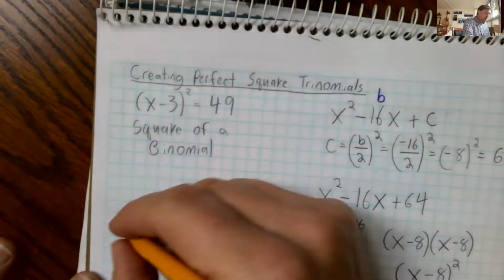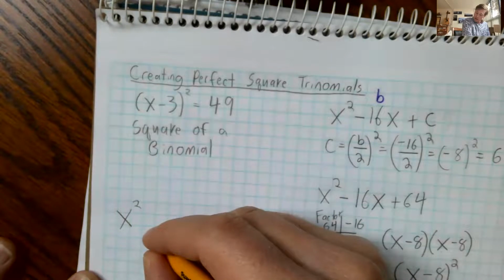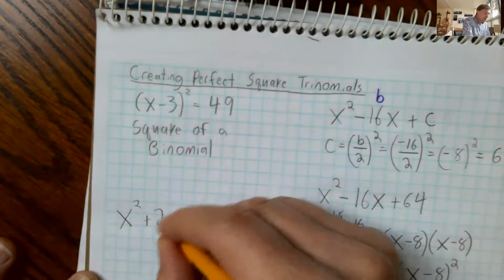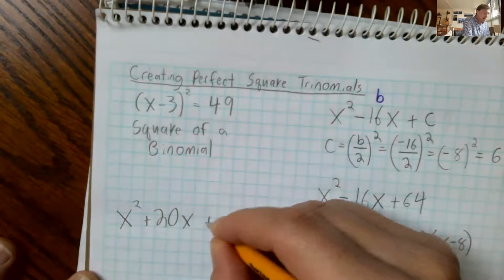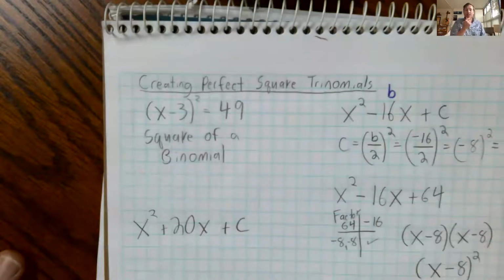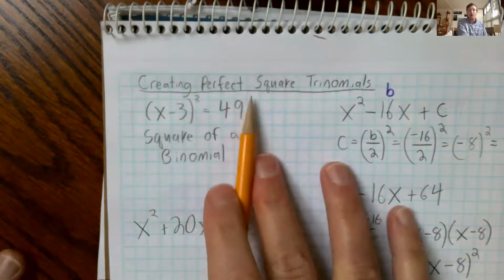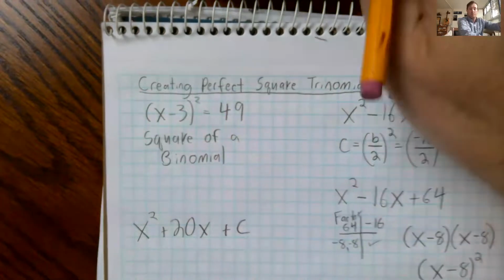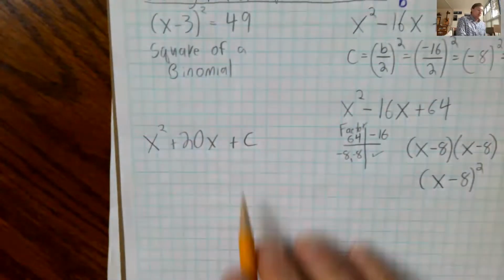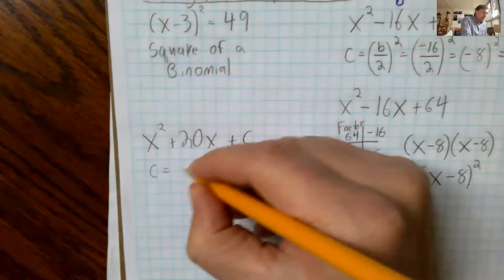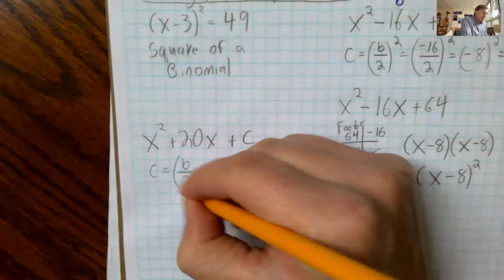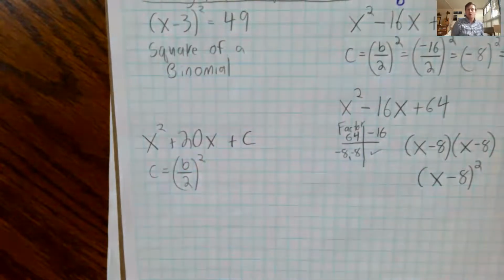I'm going to do x squared plus 20x plus C. So in these exercises, we are trying to figure out what C is to create that perfect trinomial. In order to figure out what C is, we're going to use this formula time and time again, B over 2 squared.